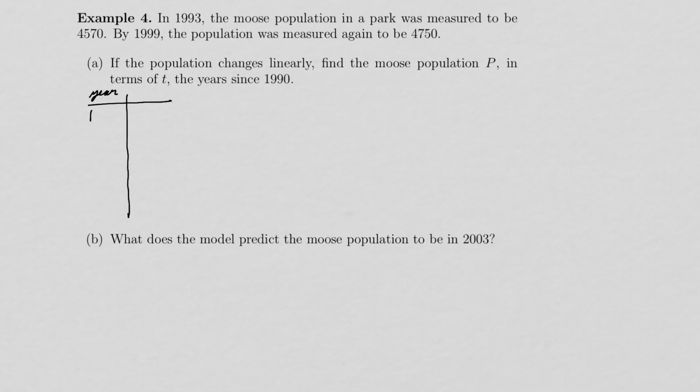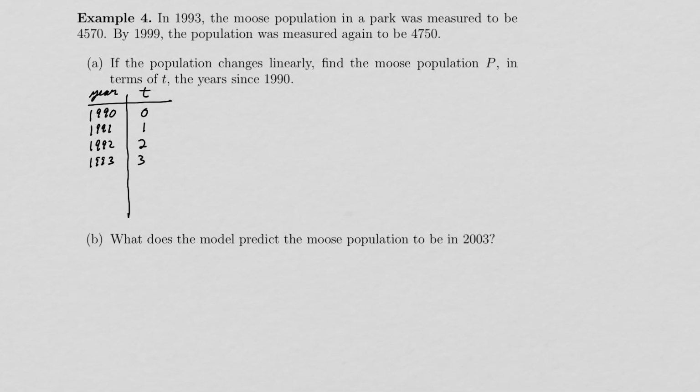If the year is 1990, then T is going to be 1990 minus 1990, which is 0, right? If the year is 1990, it's 0 years since 1990. And then for 1991, T is 1. For 1992, T is 2. For 1993, T is 3, and so on.